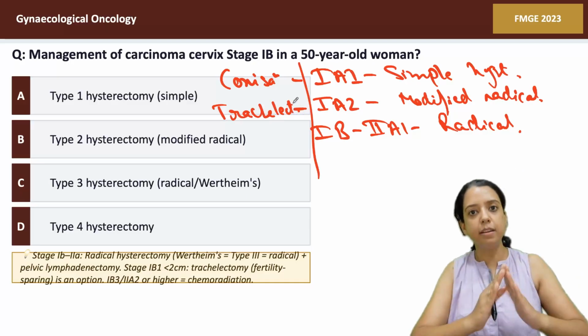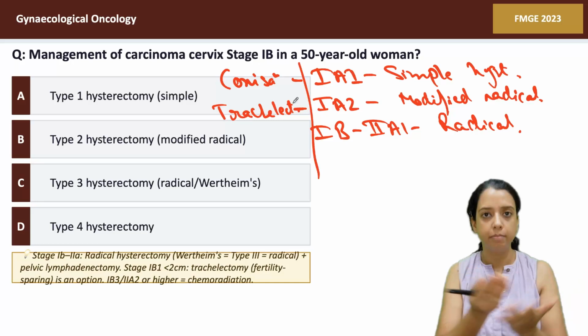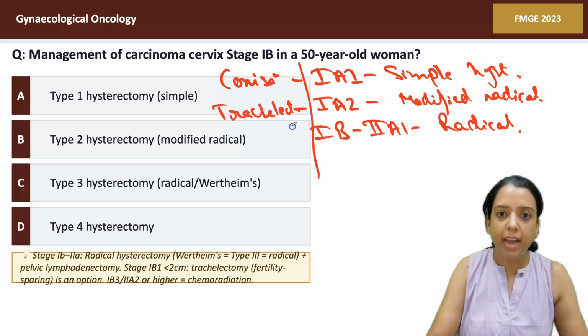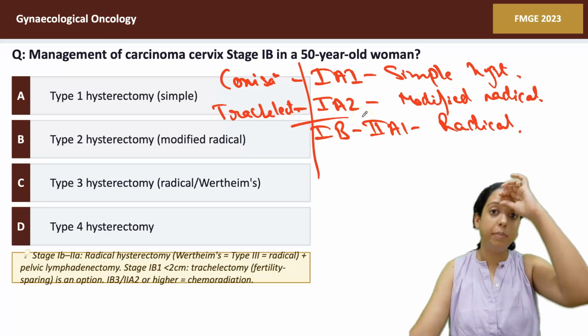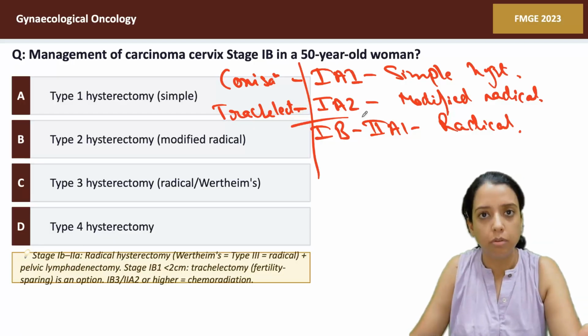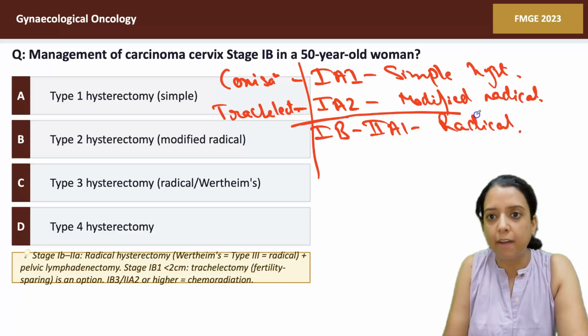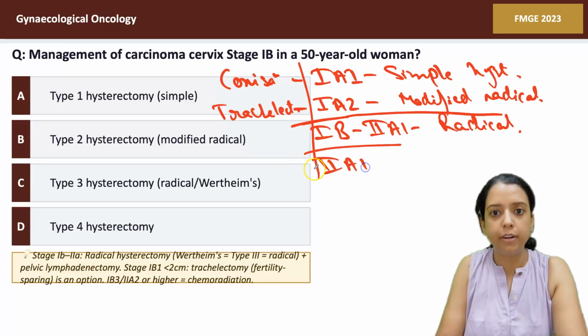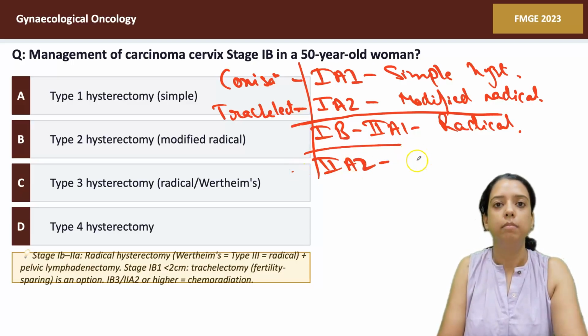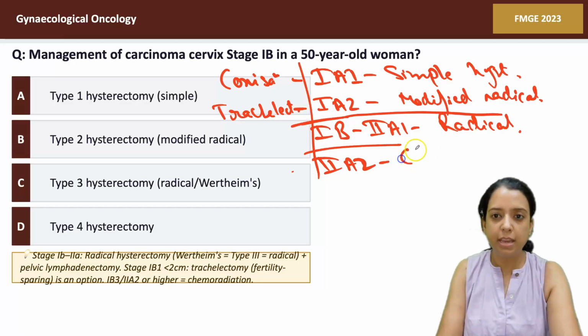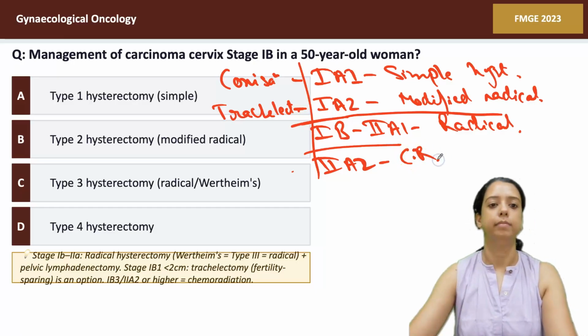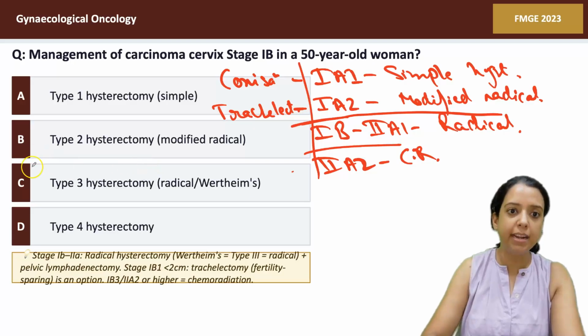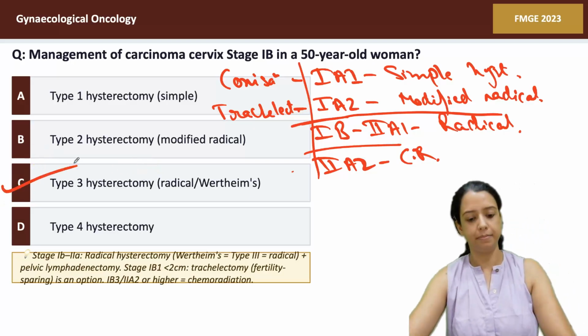The cone of cervix is removed, vagina is also removed. But after that, uterus preserving surgeries cannot be done. I can't preserve the uterus, so the only surgical treatment after that is radical. And after 2A1, what about after 2A1? From 2A2, I can't do surgery now. Chemo, radiation. So for 1B, it is radical.